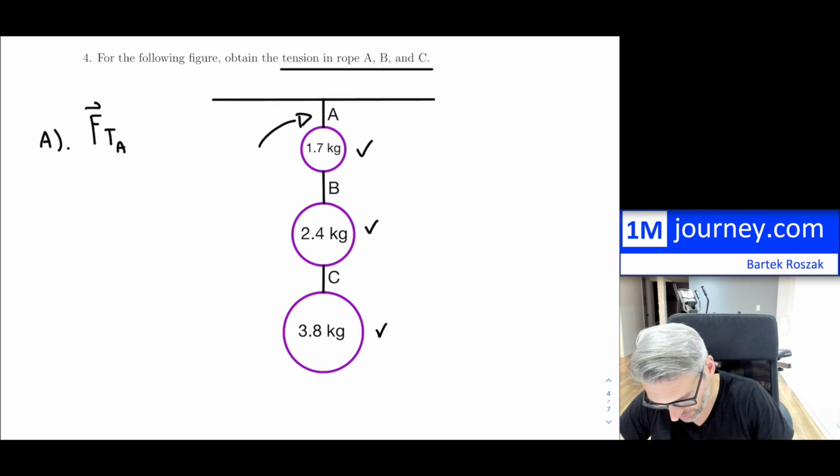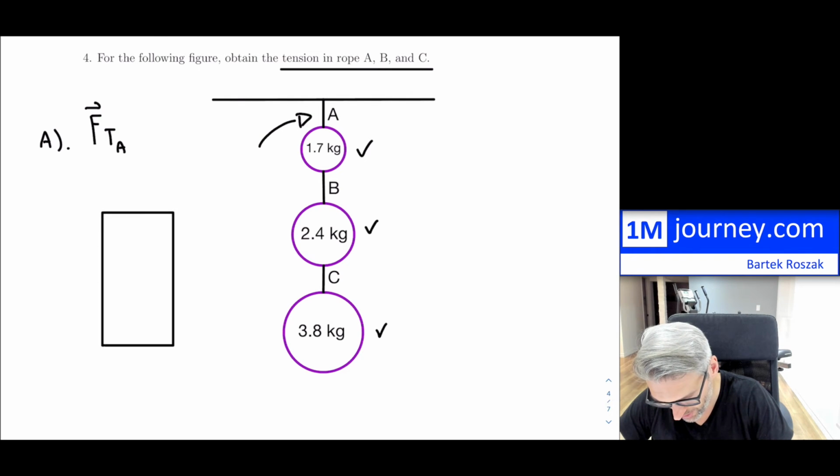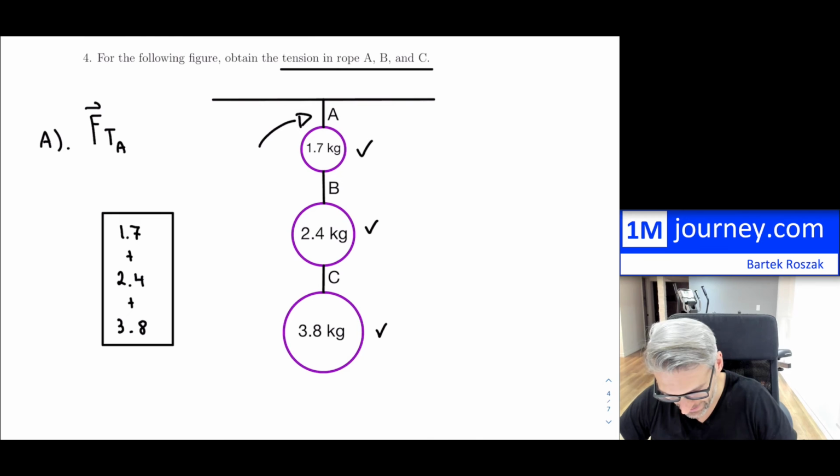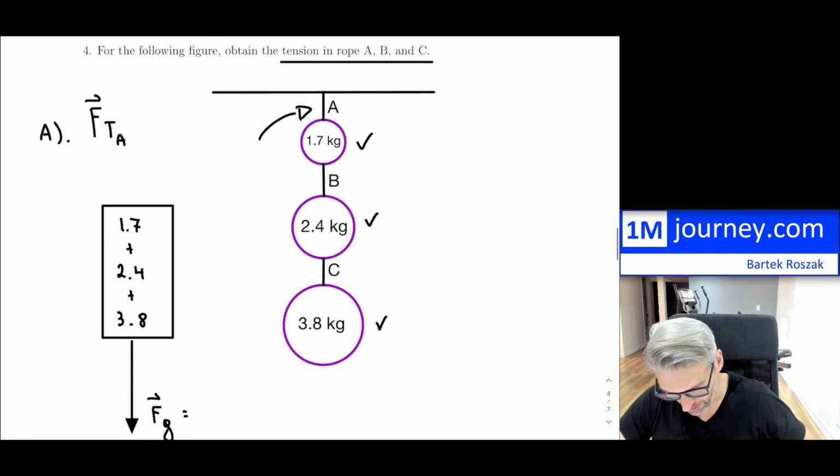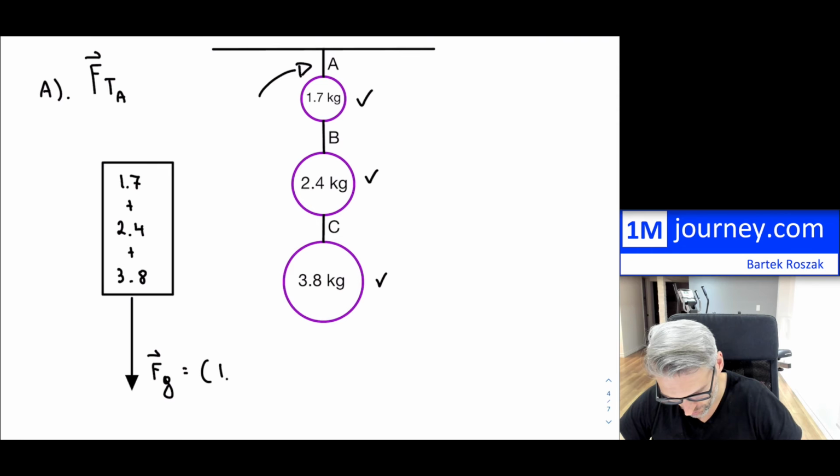If you were drawing a free body diagram, you would say 1.7 plus 2.4 plus 3.8. So that means your force of gravity overall is going to be all your masses, so 1.7 plus 2.4 plus 3.8, right? So this is your mass.